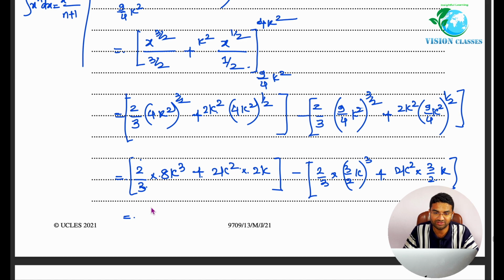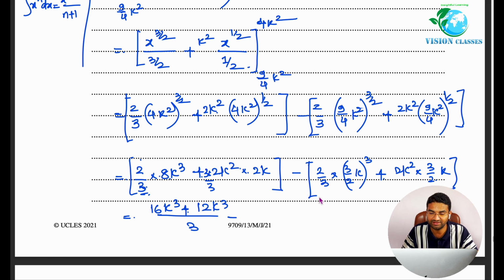Multiply 16 here by 3 because we have denominator 3, right? 2 times 8 is 16k cube plus 3 times 2 is 6, 6 times 2 is 12k cube divided by 3, minus 3 cube is 27, 27 times 2 is 54k cube upon 2 cube is 8, 8 times 3 is 24, plus 3 times 2 is 6k cube upon 2.